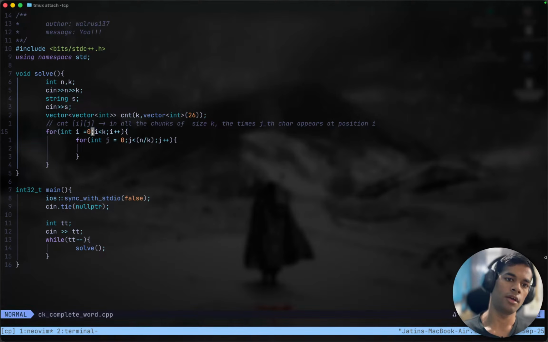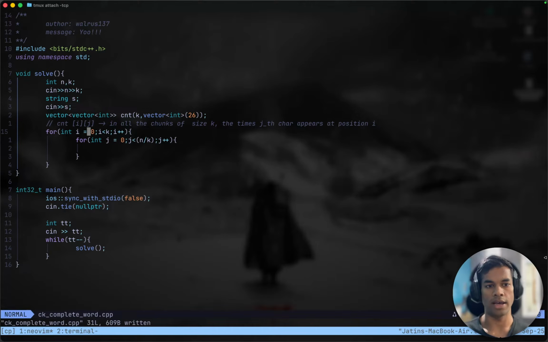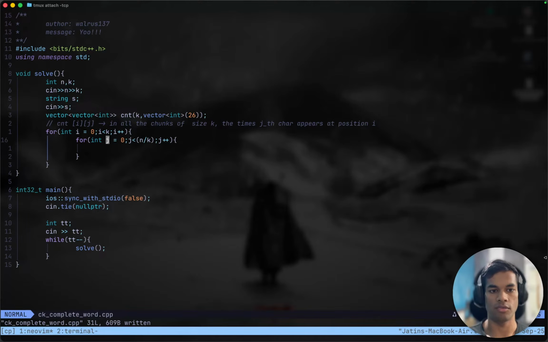Because we are indexing individually inside those chunks of size K. I is the index of the current character in that chunk. In the jth chunk of size K, we are at the ith character.